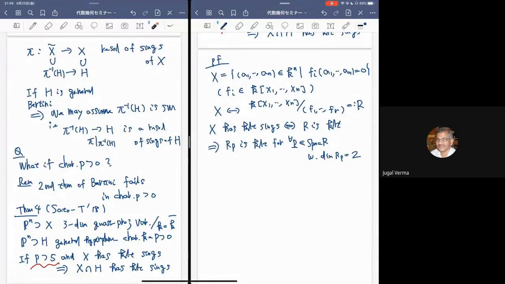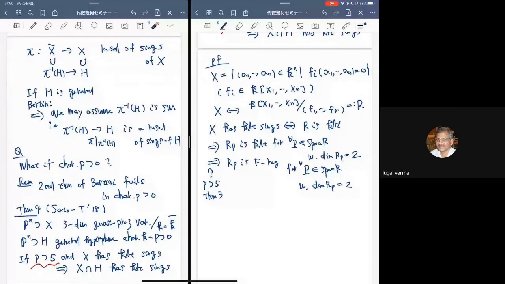Of course, if R is KLT, then the localization of R is also KLT. But then R_P is two-dimensional. Since we are assuming characteristic greater than 5, we can use theorem 3. R_P is F-regular for any P with dimension R_P equal to 2.